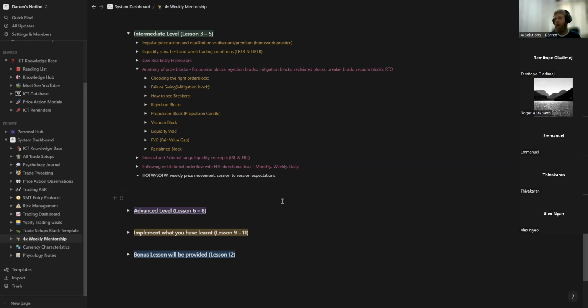Okay, so don't get me wrong. I'm not saying, obviously, if you know what market structure is, that it doesn't work. What I am saying is that market structure will be created or broken as a byproduct of raiding sell stops and buy stops, and failing to raid buy stops and sell stops. That is the byproduct of liquidity.